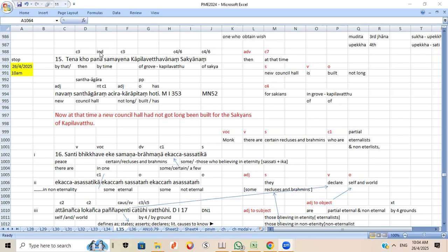So what we do in this particular case, you can start this. The pana is in the declension. So it is in declension in Pali, but in English it is an adverb. The Pali is an adverb. So you don't worry about the interchange of terminology in Pali and English.